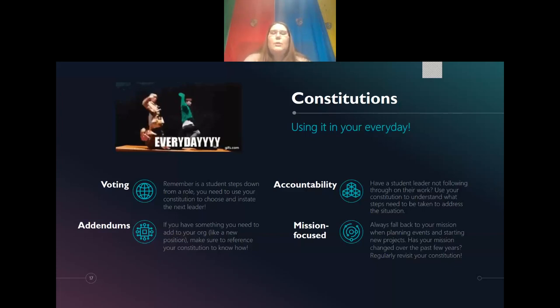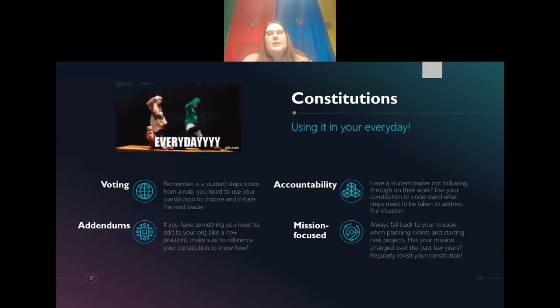And then last but not least is really staying mission focused. A lot of times there are so many great ideas from people, especially your new members or just members in general, who really want to do something. They found the org is really cool. They've created this really close bond with you. It's their org, it's where they belong, but maybe their idea isn't specific to your org's mission.